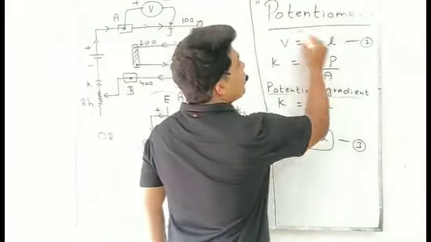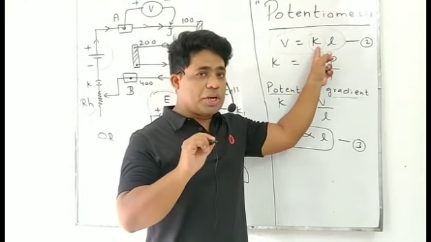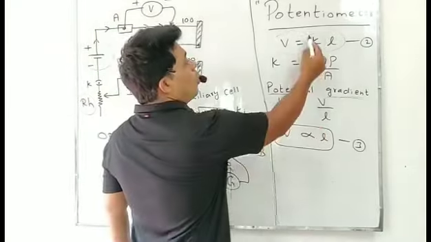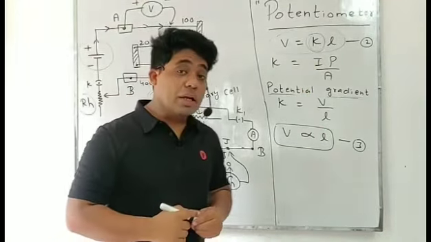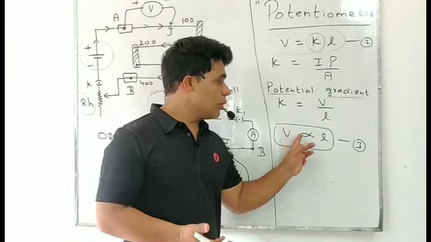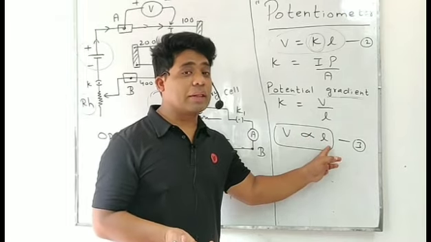So look, see the second equation. K is constant. Whenever you remove a constant, the equal sign will convert into a proportional sign. So on removing K, this sign will convert into a proportional sign. We are getting now an important conclusion. Potential drop, or potential difference, is directly proportional to the length.